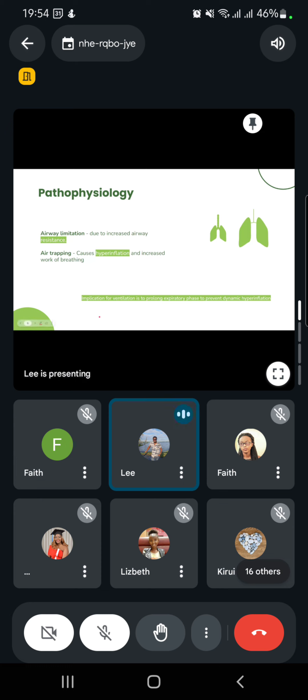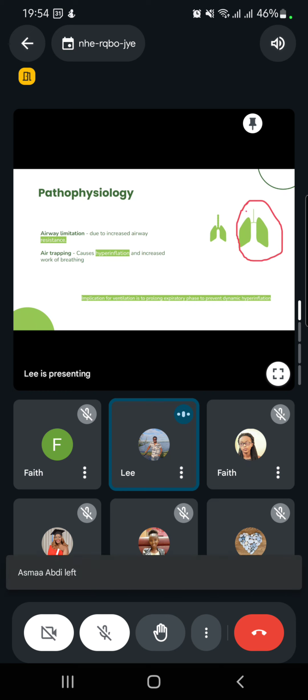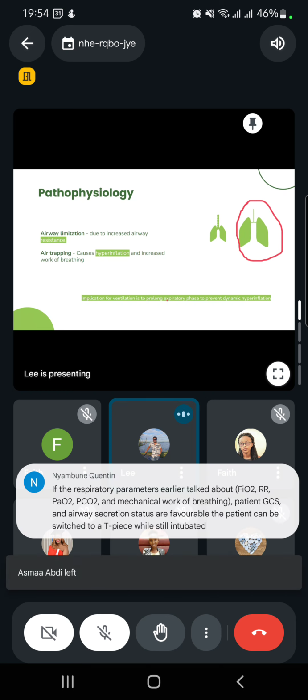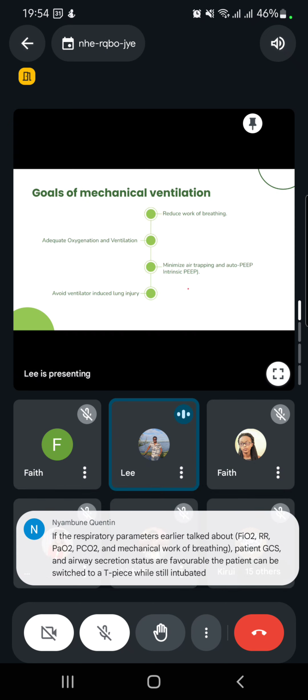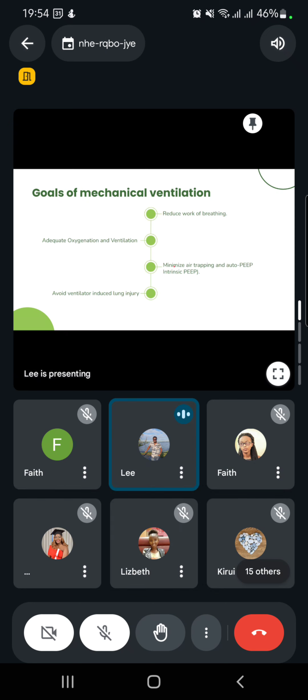Generally, when you put them on a vent, you're trying to prolong the expiratory phase to prevent dynamic hyperinflation, so you're trying to avoid this situation right here. We shall look at that as we go. Your goals of mechanical ventilation are to reduce your work of breathing, ensure adequate oxygenation and ventilation, and minimize air trapping and auto PEEP or intrinsic PEEP.